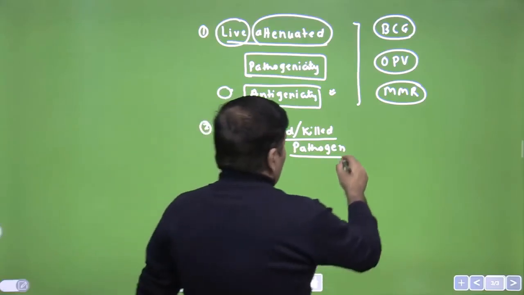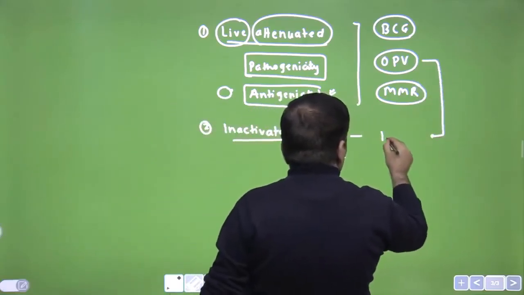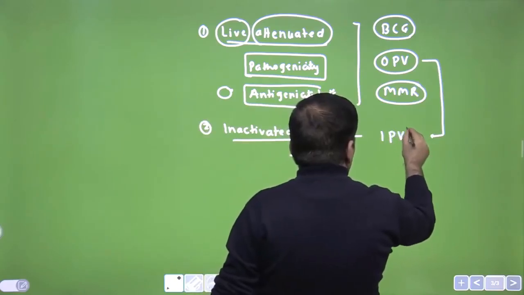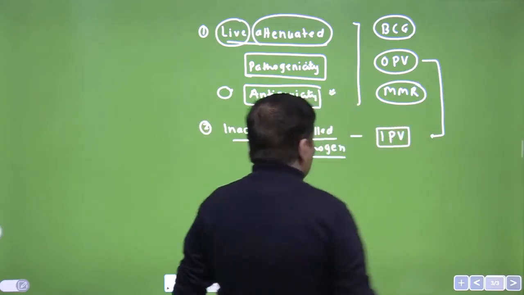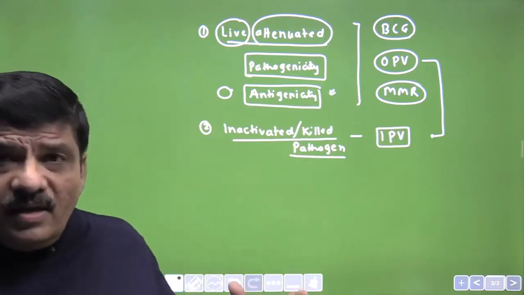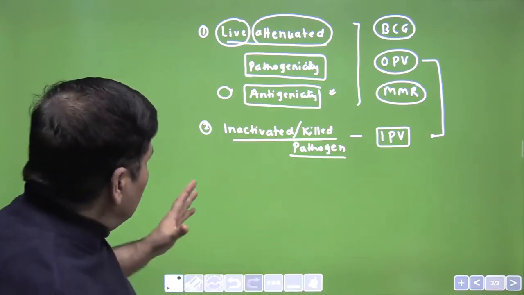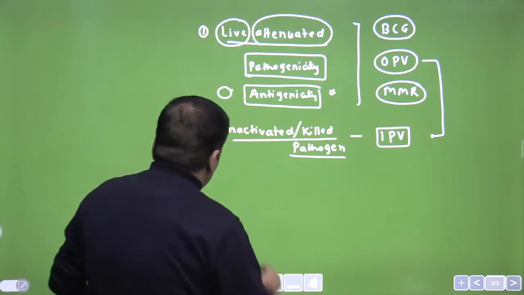An example would be, try to remember the counterpart of this vaccine, the inactivated polio vaccine. This is not oral, it is given intramuscularly. This vaccine is called IPV, inactivated polio vaccine.